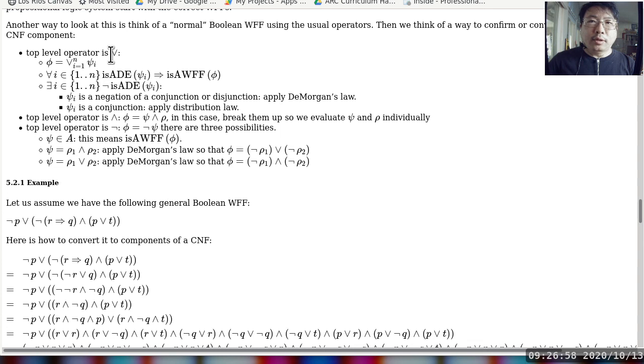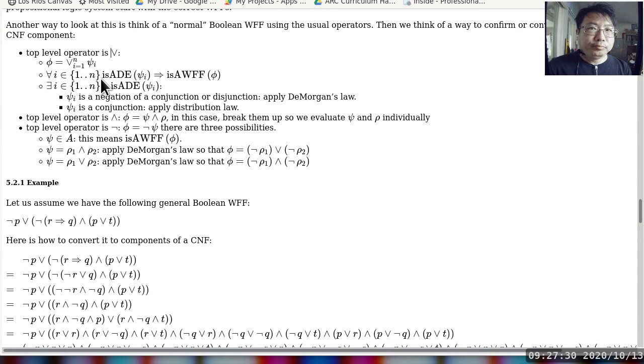If the top level operator is an OR, which is basically saying blah blah blah or blah blah blah is given to you, then what you need to do is look at all the components of the OR. This notation here, phi equals the big OR, where i goes from 1 to n of psi i, is saying each psi i is a component of the overall OR.